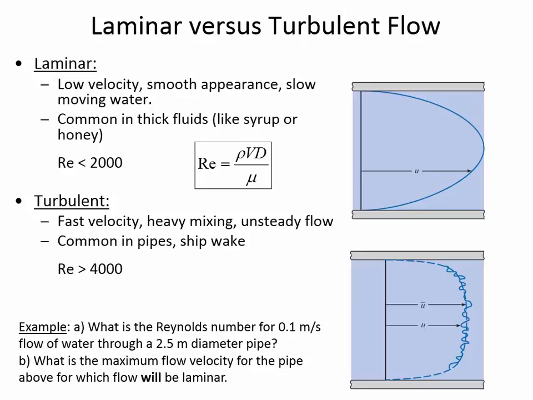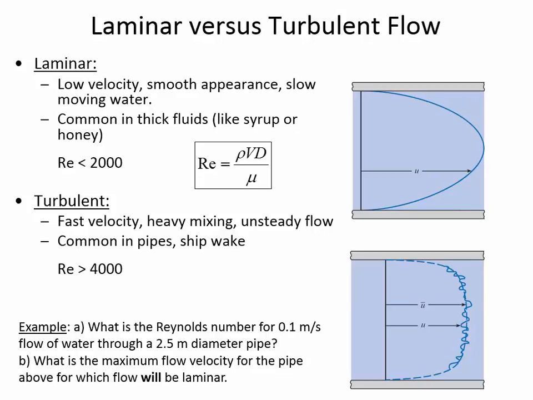We've got two questions here. Number one, or step A, if you have a velocity of 0.1 meters per second and a diameter of 2.5 meters, then what's the Reynolds number? Now, you know how we say the standard unit weight for water is 9810?